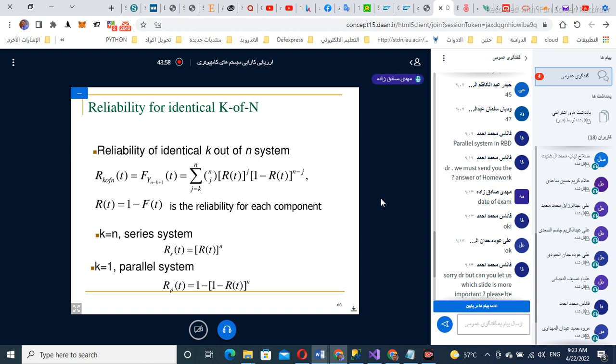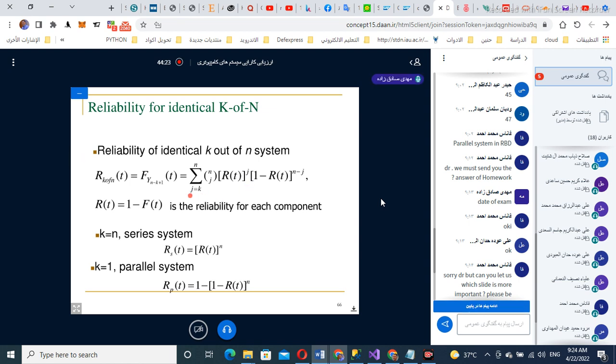If there are 7 components or more, at least 4 components must work. But if 7 or 8 or 9 or 10 components fail, the system will fail.